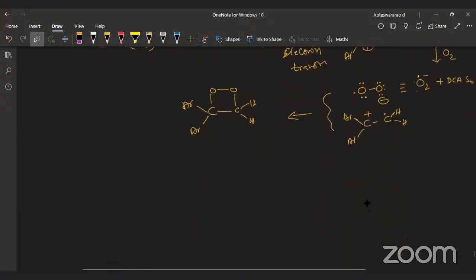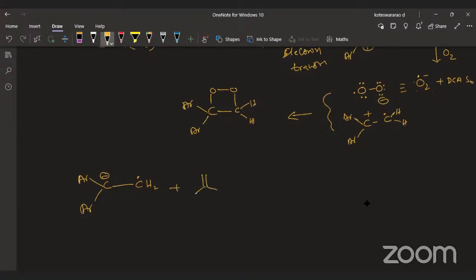But here the radical cation generated further reacts with another molecule of that olefin derivative, which leads to the formation of a 1,4 radical cation.